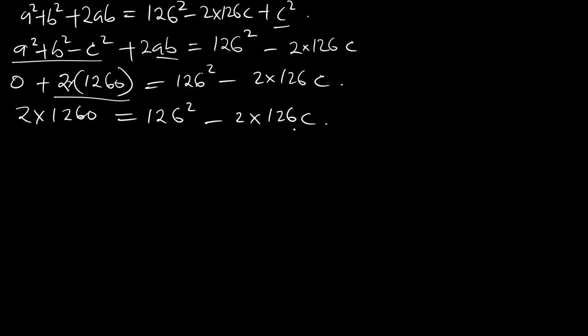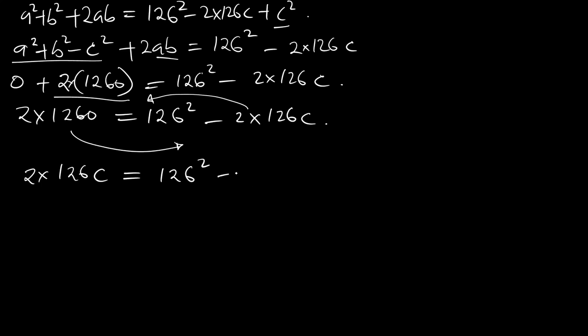Now if we move this to this other side and move this one to this other side, you have 2 times 126C equal to 126 squared minus 2 times 1260.